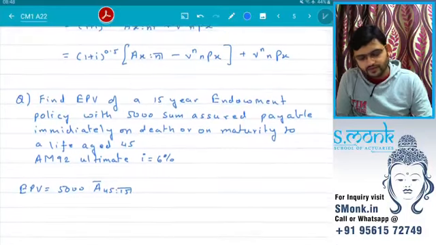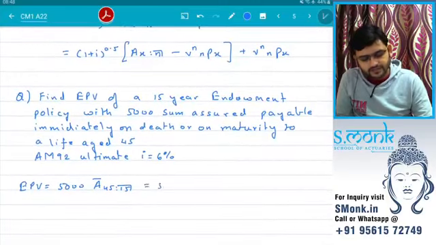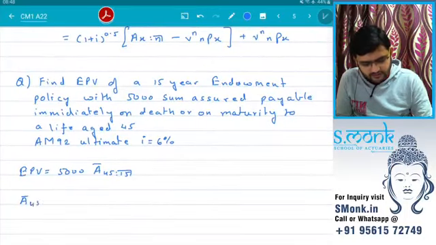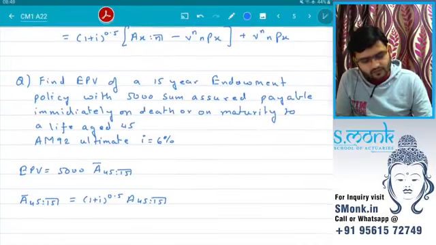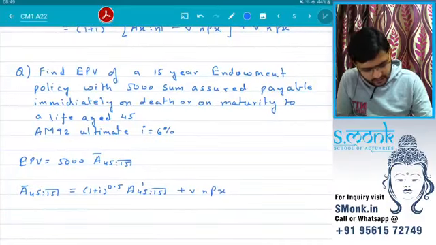A bar 45 15 can be written as 1 plus i raised to 0.5 times A 45 15 dash, that is A 45 dash 15, plus v raised to n npx, or v raised to 15, 15p45.